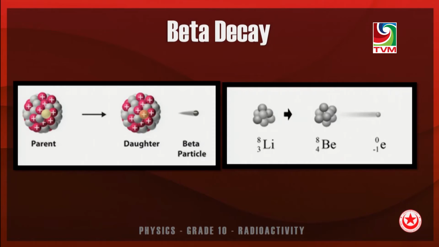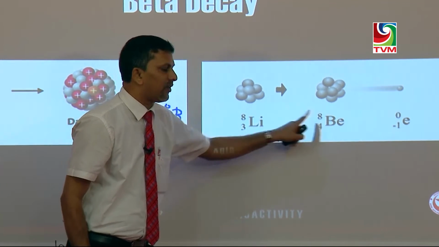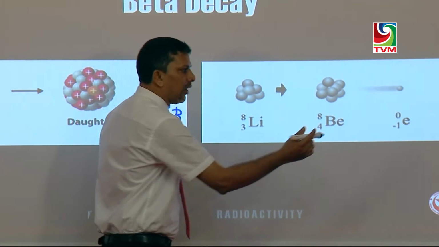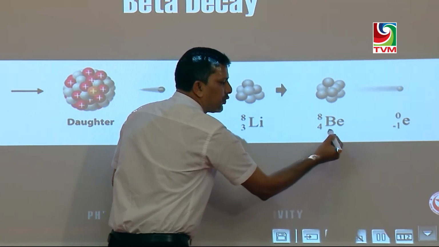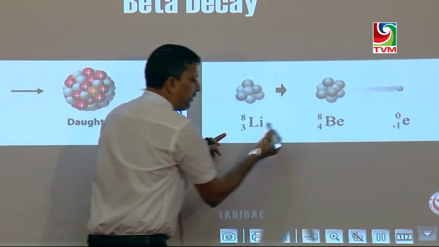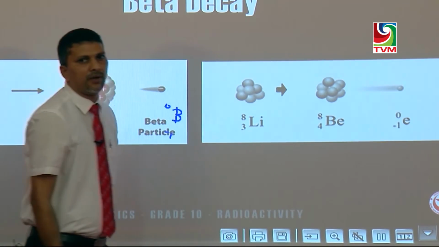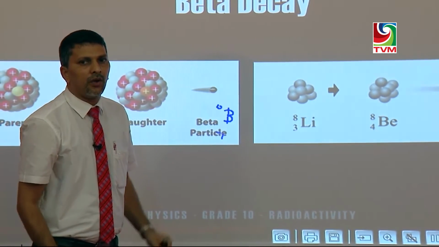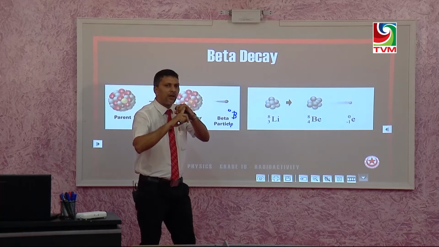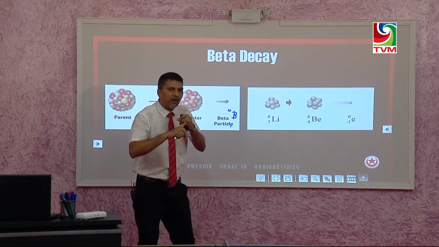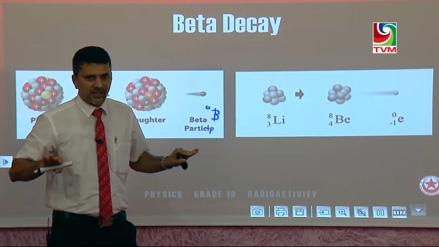Understand? Now look, the atomic number increases by 1 from 3 to 4 and the mass number is the same. So when we add these two, 4 minus 1, we get this one, and when we add these two, we get the mass number. So when a beta decay occurs, the atomic number increases by 1 and the mass number has no change.